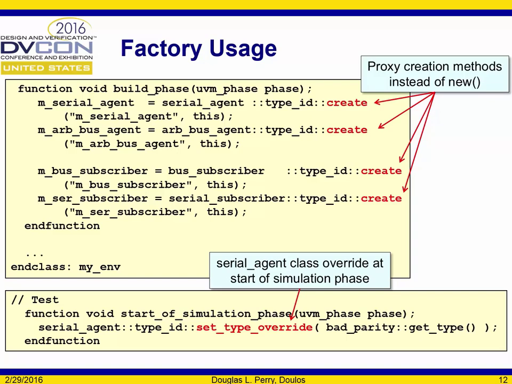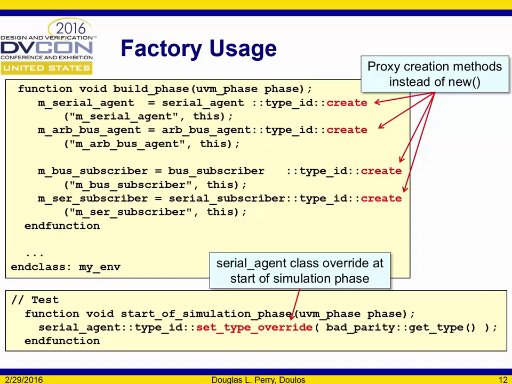So here I've got, let's say, the build phase of maybe my environment. I'm building a serial agent, an RBus agent, a subscriber, etc. Because I registered these things with the factory, I can use type_id::create here instead of new. And what does that buy me?